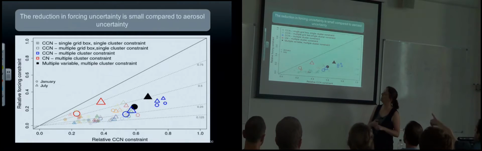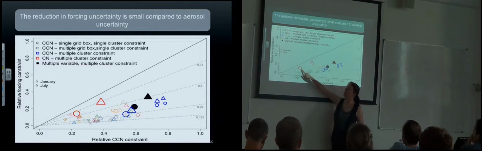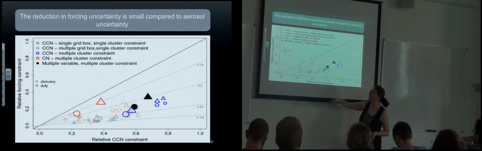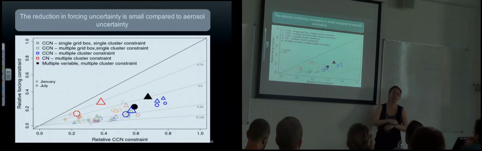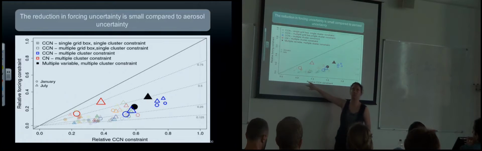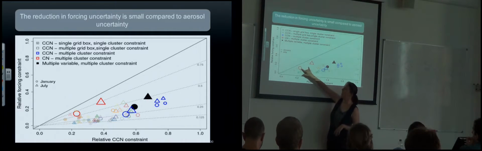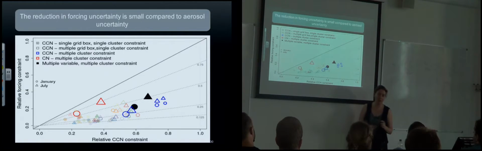What's that big red triangle one? Is that like your best result? This is a different model output, sorry. CCN are particles over 50 nanometers, no, up to 50 nanometers. And these are condensation nuclei, which are up to 3 nanometers.